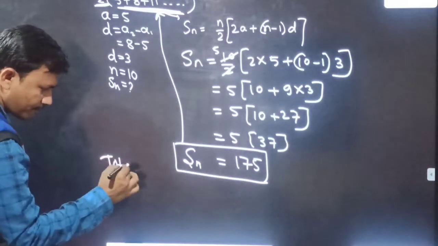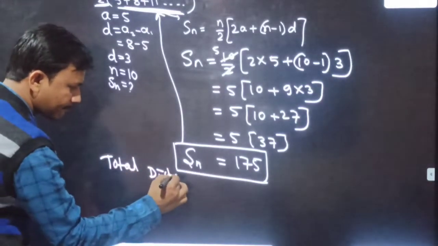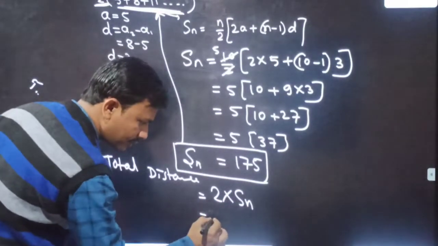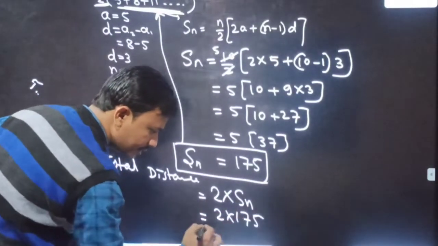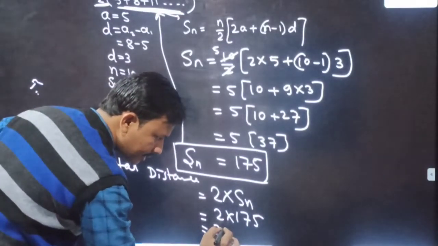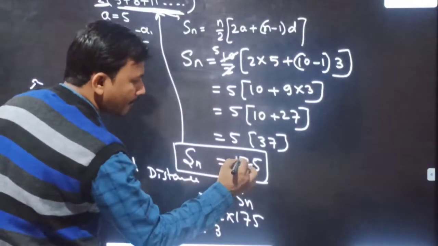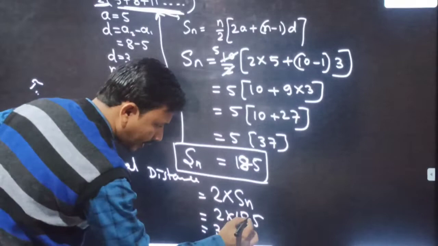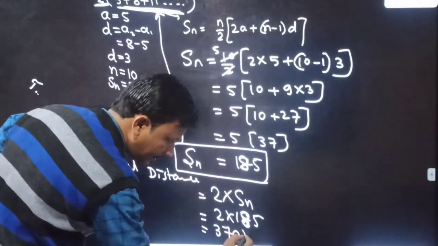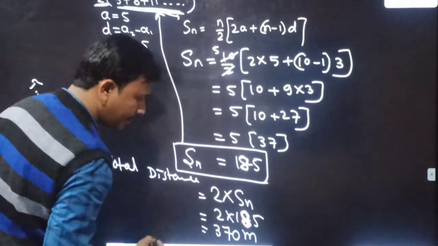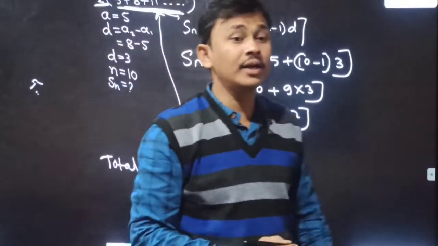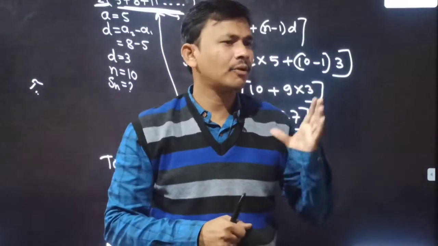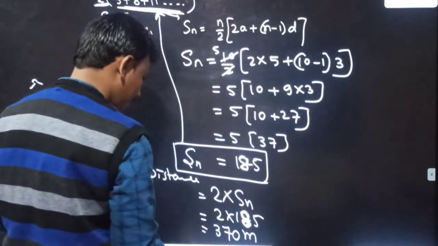Total distance is equal to 2 into Sn, which is 2 into 185. Correct. 185. Answer will be 370 meter. Sn will be 185, and the total distance traveled by the competitor is 370 meter. Check it.